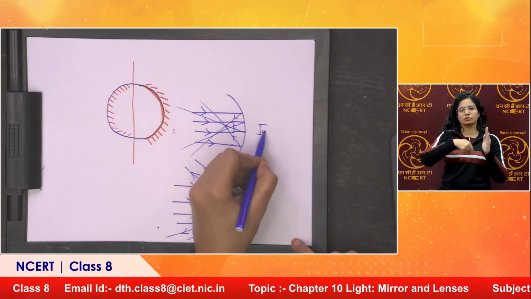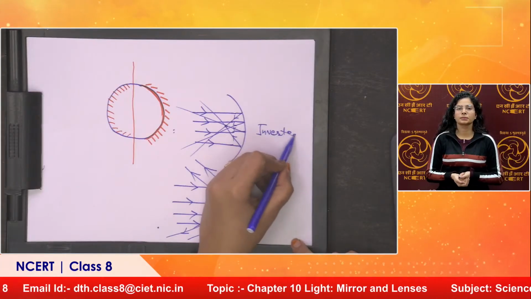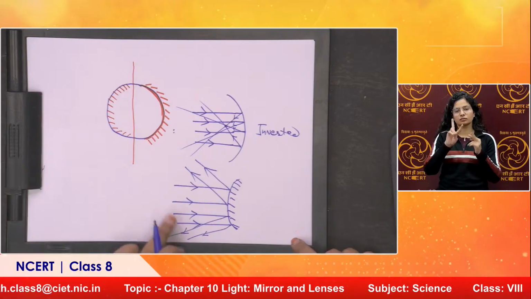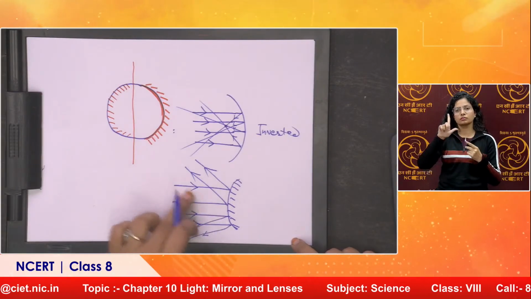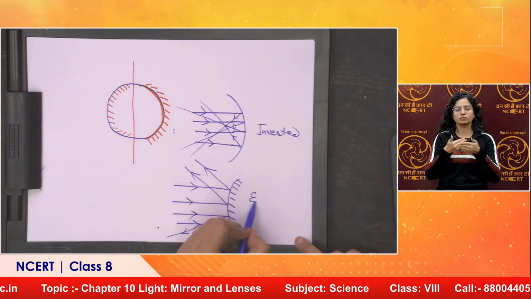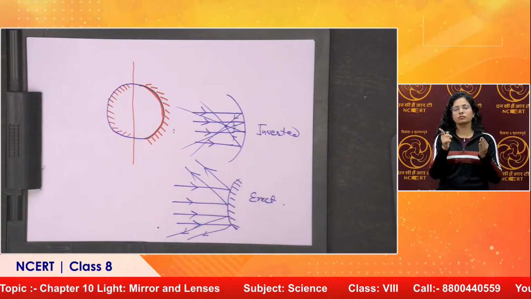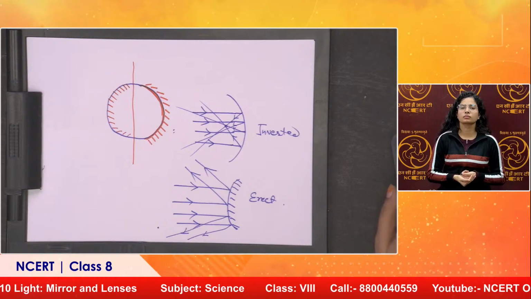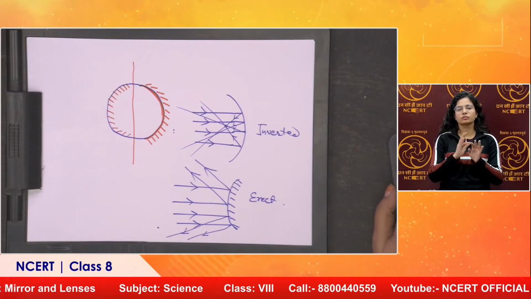You can write it. And in case of a convex mirror, what happens? The light rays are getting diverged and the image formed is erect.